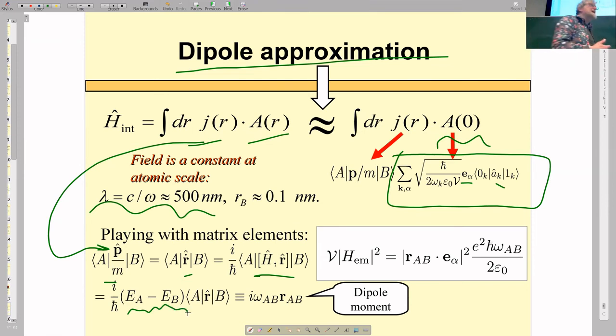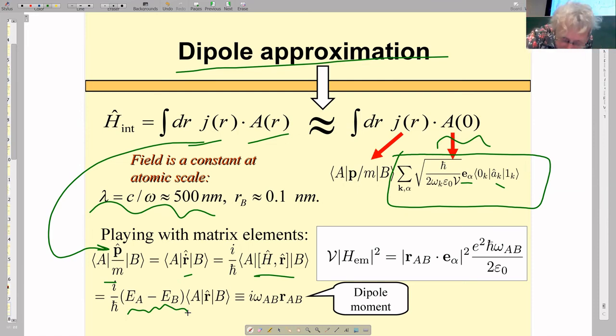So we can express the matrix element of momentum or the current in terms of the matrix element of coordinate. And this is what is called dipole, electric dipole. That's why it is all called dipole approximation.